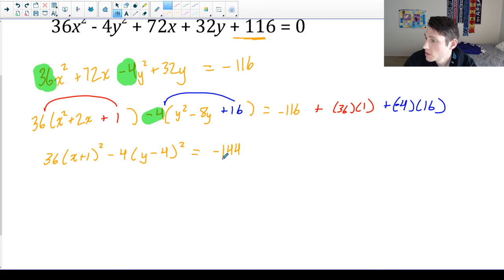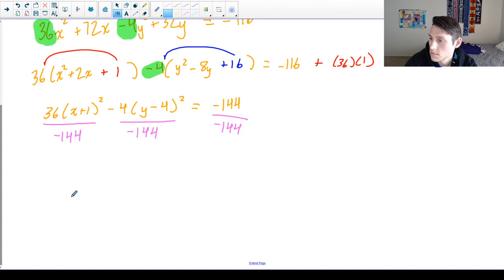Okay, just like before, we want the right side to be 1. So let's divide by negative 144. But we got to do it everywhere. Right side's 1. Now we just have to simplify the fractions. So 4 over 144 would simplify into 1 over 36.